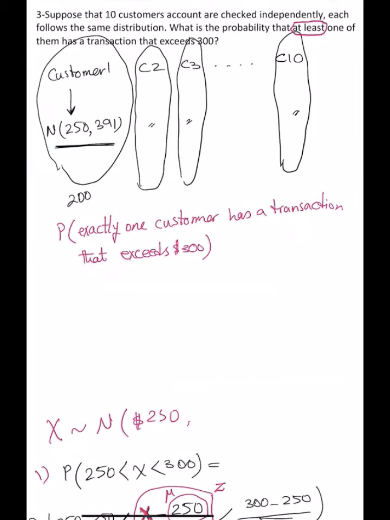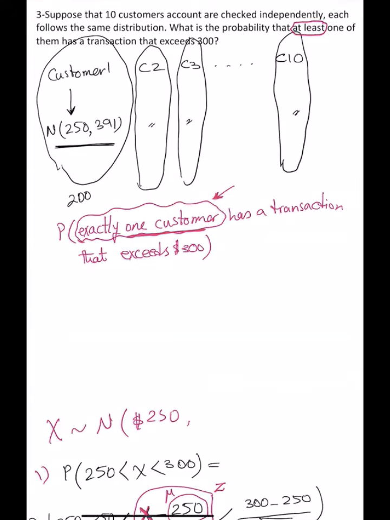When I say what is the probability that exactly one customer has this condition, or two customers have this condition, or all 10 of them have this condition, this thing that I'm trying to calculate is the number of customers that have this condition, which can be no customer, none of these 10, or 1, or 2, or 3, all the way to all 10 of them. That's the random variable that I'm looking at right now.